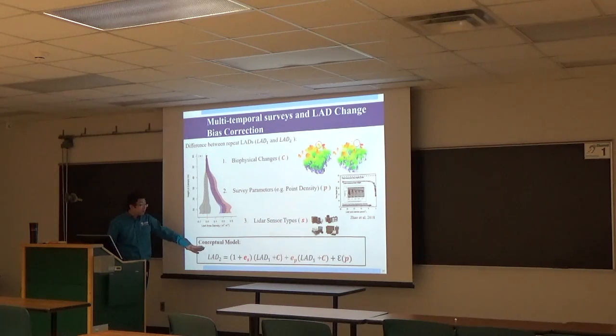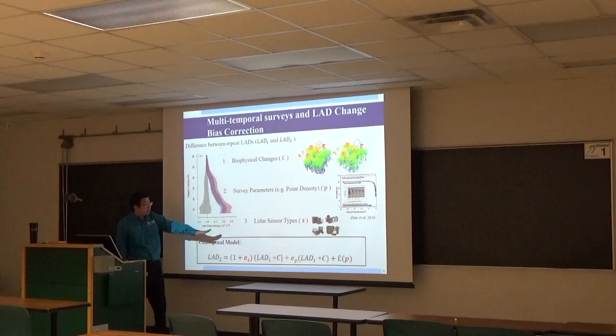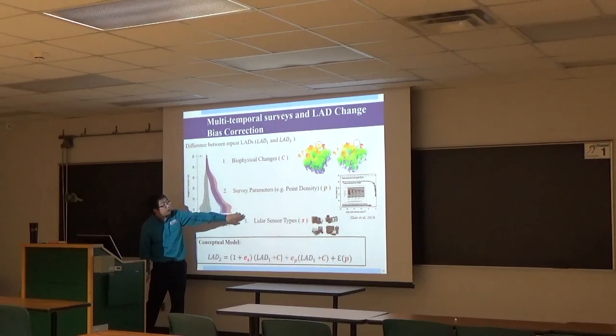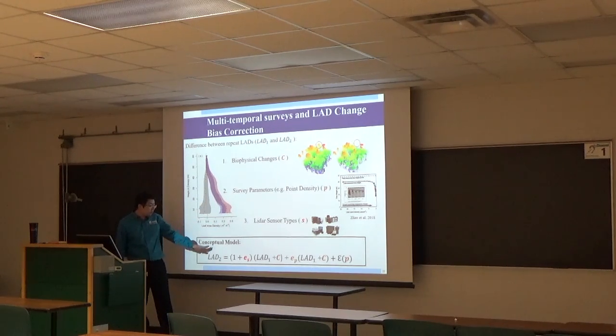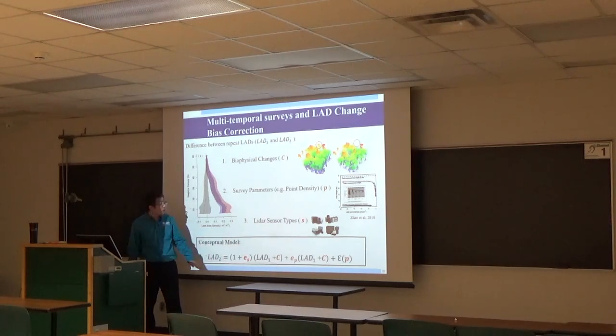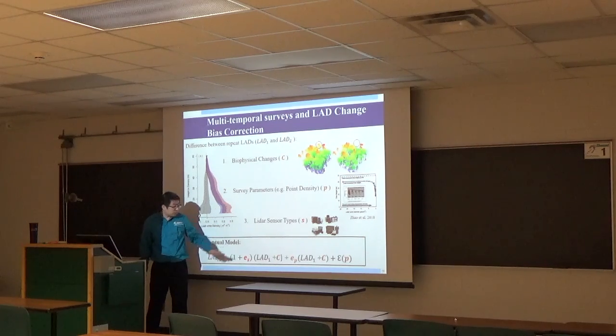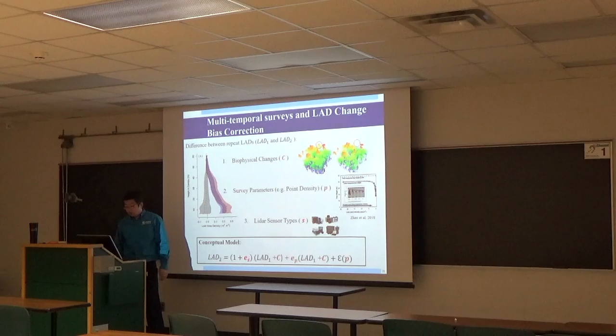Then we can have a model that includes all three factors: profile 2 will differ from profile 1 because of the change, the survey parameters and the sensors. What we want to focus on is whether the LiDAR sensor has any effect.